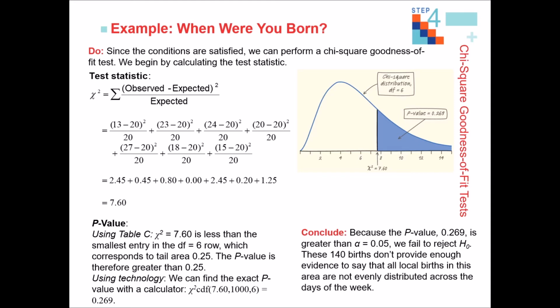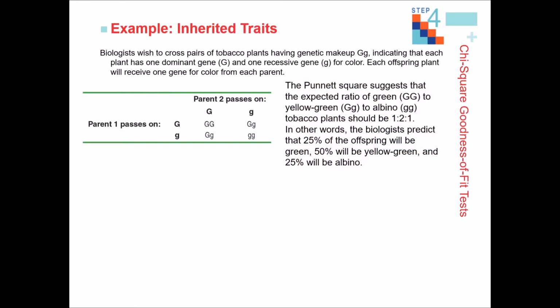And I think this is the one with the plants. Yes. All right, so we're going to look at inherited traits here. Biologists want to cross pairs of tobacco plants having genetic makeup with the dominant and recessive gene. So each offspring plant will receive one gene for color from each parent.